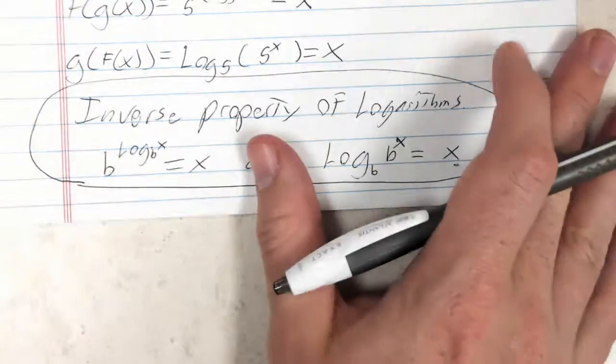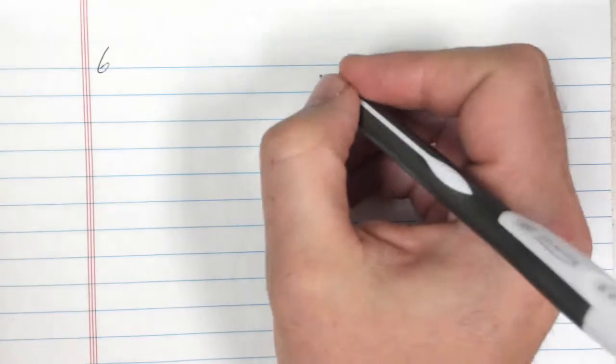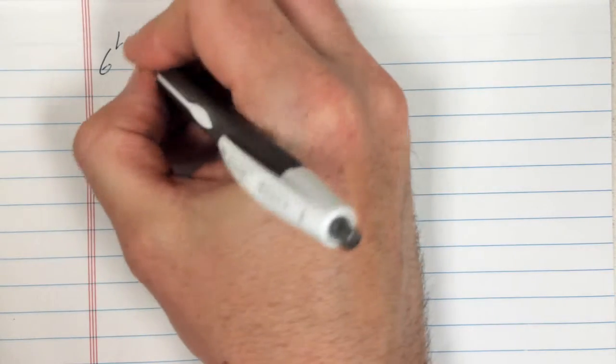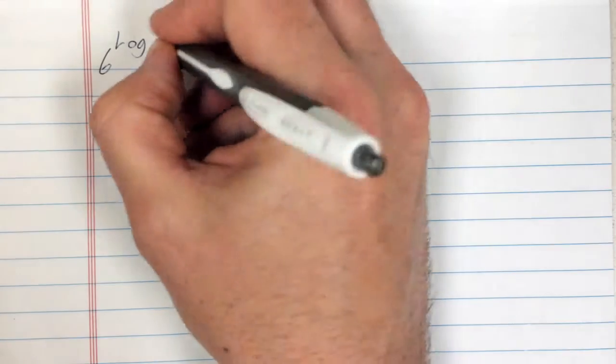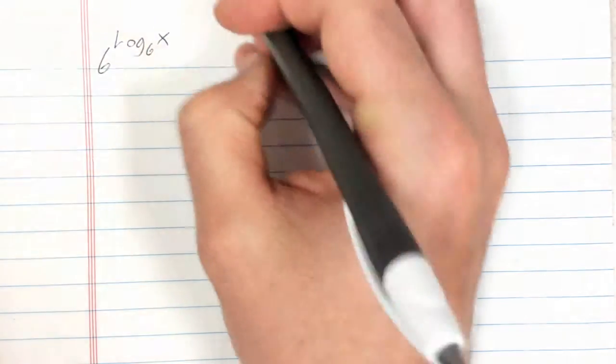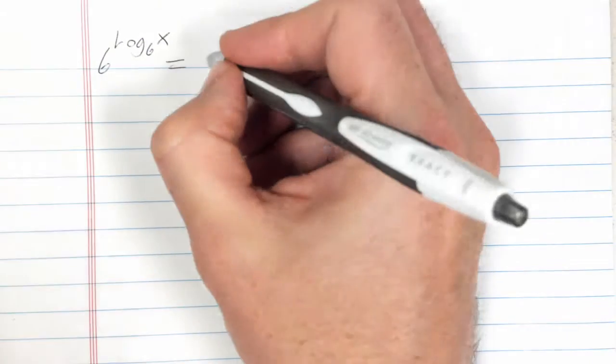All right, so if we look at some practice problems, it's like 6 to the power of log base 6 of x is equal to x.